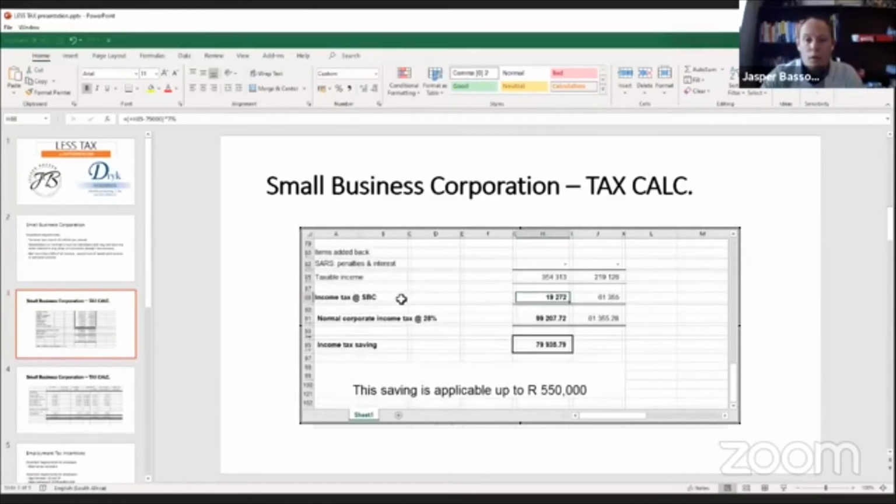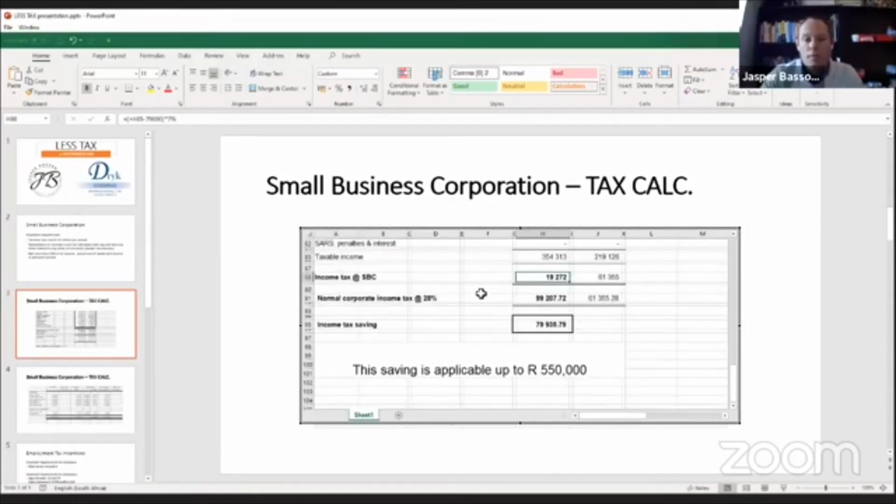You will see right here, the income tax at the small business corporation rate is 19,000 Rand, and the normal corporate tax would have been 99,000 Rand. So the income tax saving is almost 80,000 Rand, just merely because you could verify that you're a small business corporation, and you could, in truth, confirm that on your income tax return.